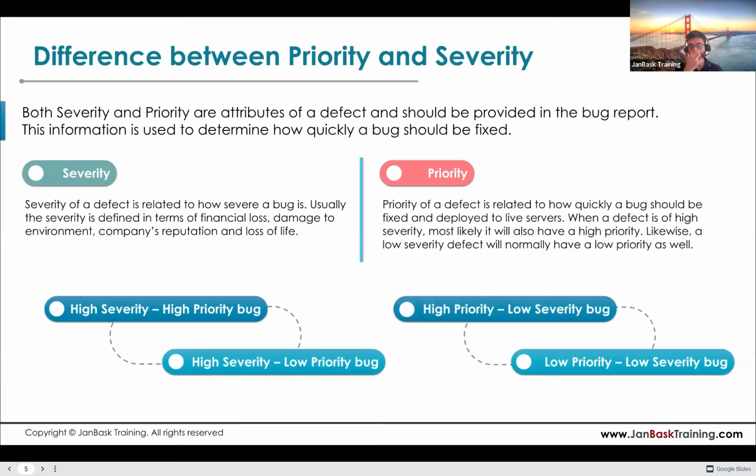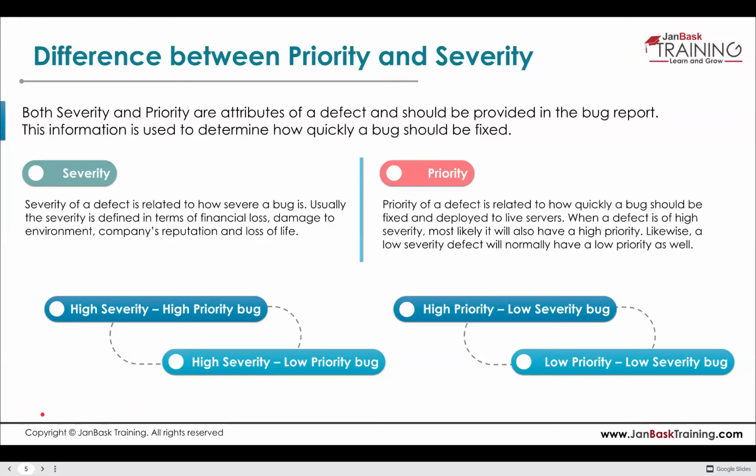Now let's take the example of this Janbask training logo. If the logo is expected to be present here, and it is not present here, what do you think the severity of that bug could be?